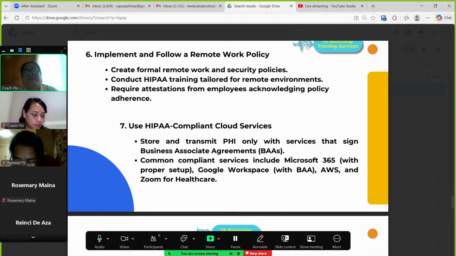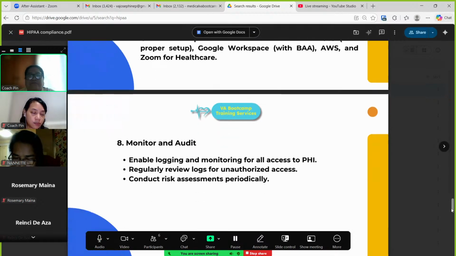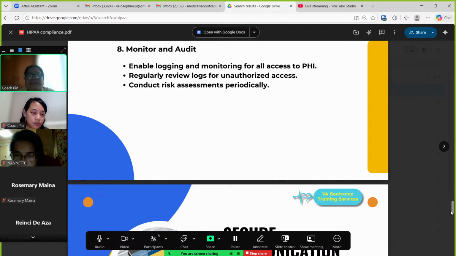So what are those? You can store and transmit PHI only with services that sign BAAs. And then you can also use common compliance services like Microsoft 365, Google Workspace, and Zoom for healthcare. All right. Monitor and audit.